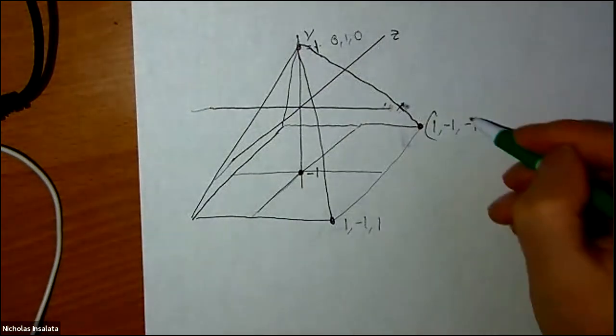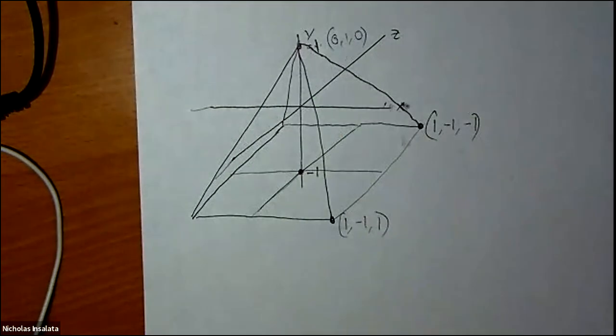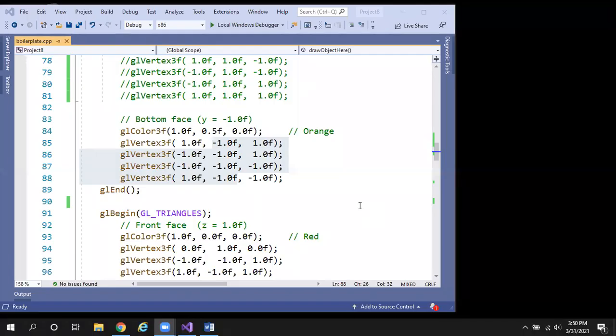So these three sets of coordinates should be one of the triangles, the right-facing triangle. So if I stop this video, pop back over here, let's look at the right triangle and see if those coordinates are the same.